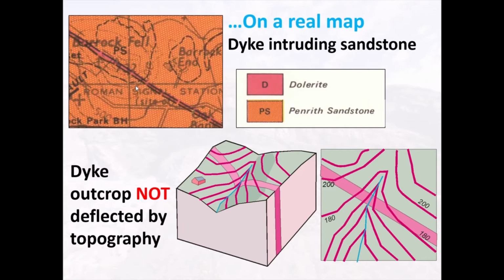I hope the resolution on your video is high enough. But you can see that as the dike crosses those ground contours, it doesn't move, it doesn't wiggle, it doesn't interact, it just cuts straight through them. Okay, so the point is the dike outcrop is not deflected by topography, and that's how you tell a vertically oriented feature.